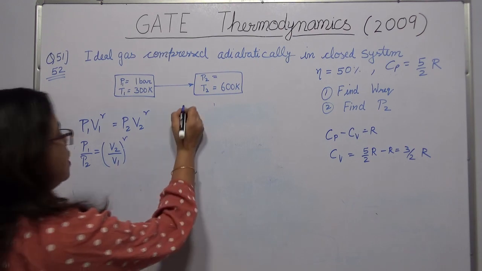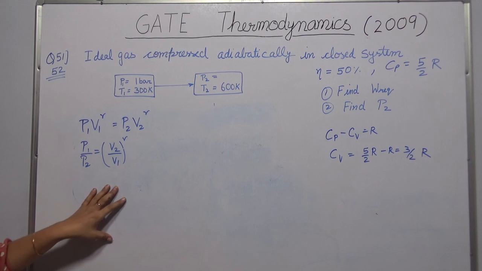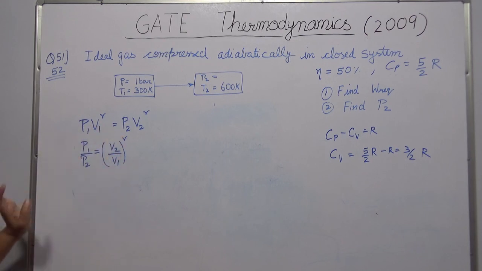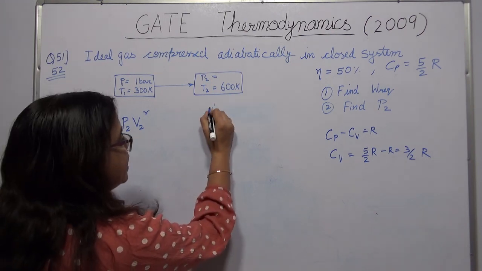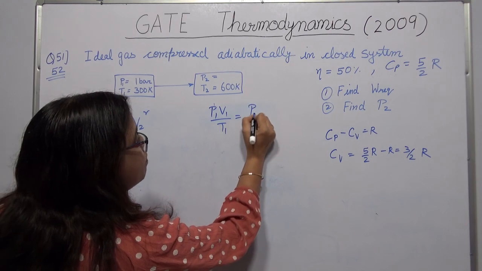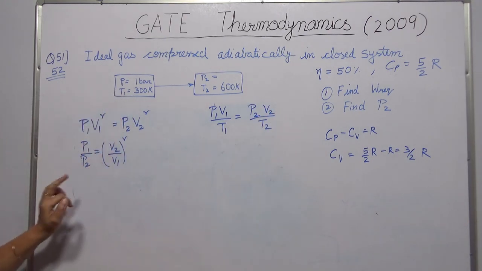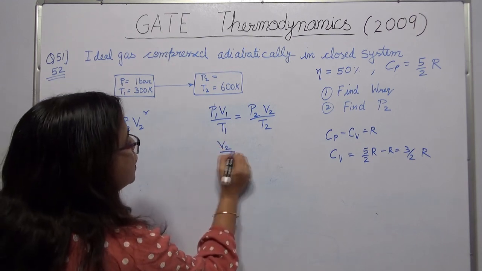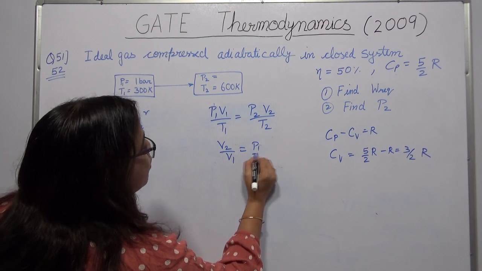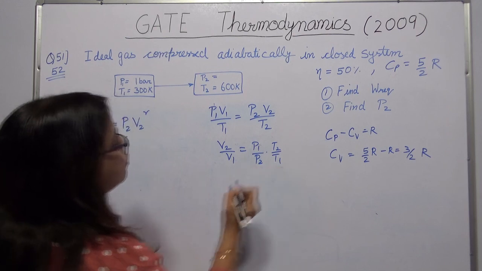Now since no information is given about the volumetric ratio V2 by V1, I am going to change the variables from V to P and T, and for that I am going to use my ideal gas law. So I can write P1 V1 upon T1 is equal to P2 V2 upon T2. Now just solve this equation for V2 by V1. What you get is P1 upon P2, multiplied with T2 upon T1.